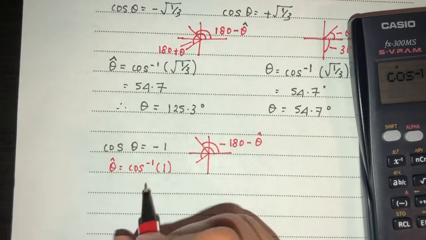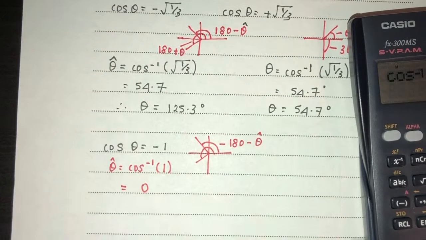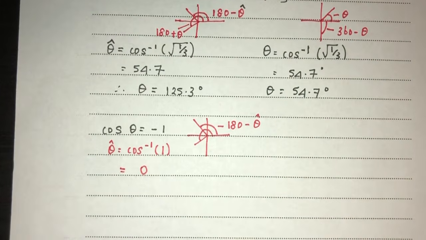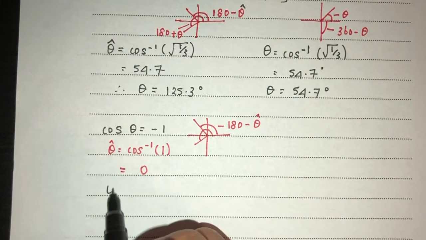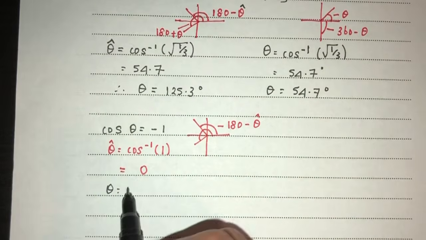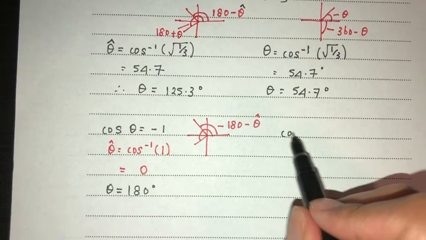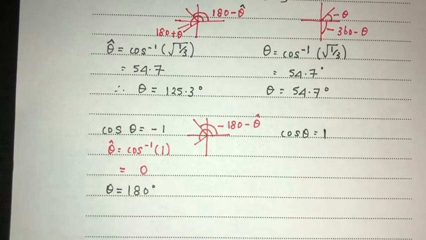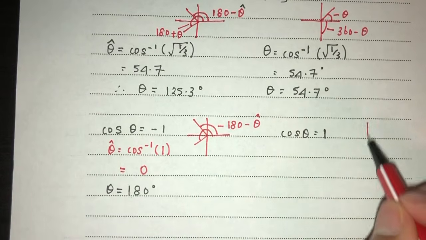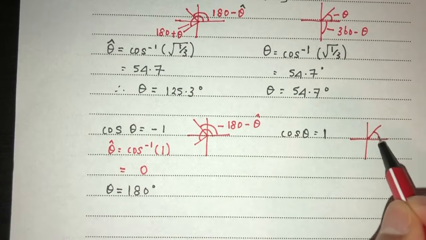That will be 0. Okay, so it means that your value of theta has to be 180 minus 0. That should be 180. Okay, and now for the positive value 1, it has to be in your first quadrant.